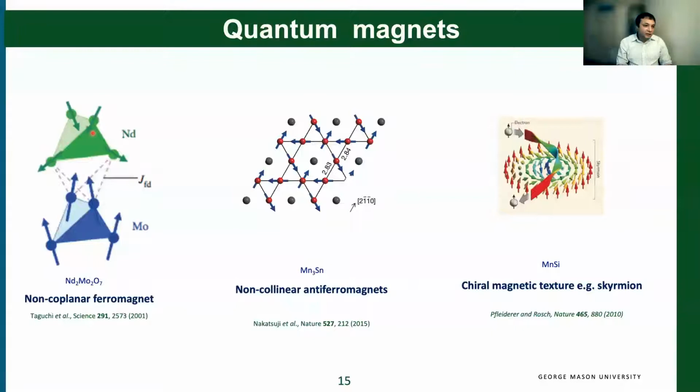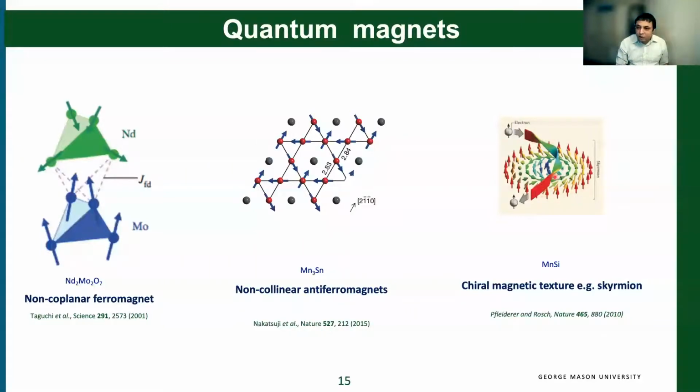In this case, these spins are pointing in different planes, so these are non-coplanar ferromagnets. In this case, the spins are in the same plane, and they are antiferromagnet. That means they are canceling the effect of each other, but they are not in the same line. So as I showed you earlier, these are non-collinear antiferromagnets, and this is a very complex type of magnetic texture, a hurricane-like texture.